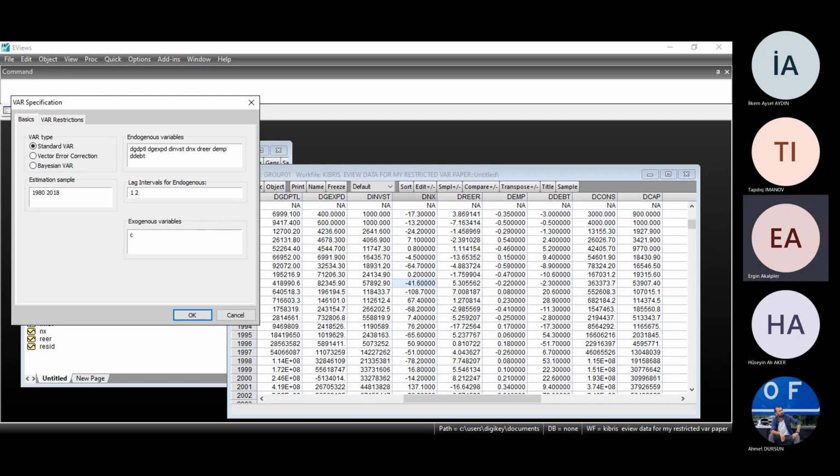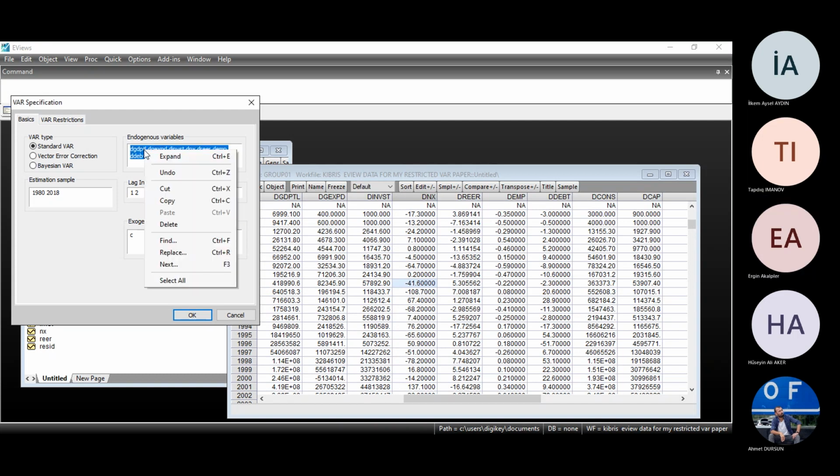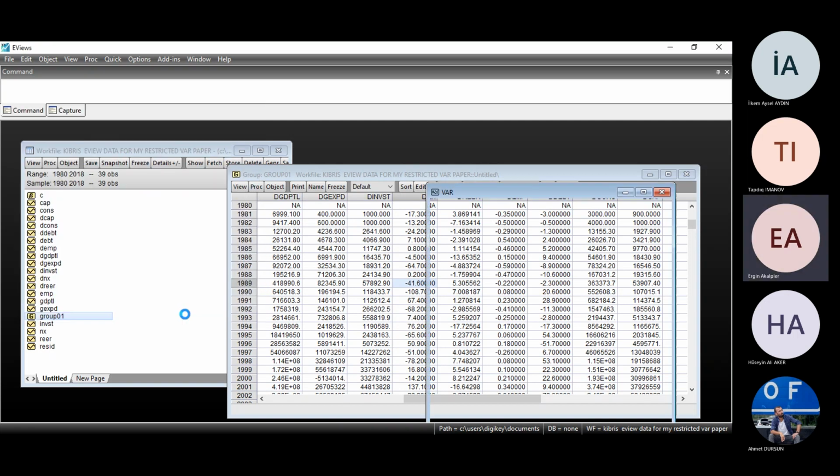These are all I(1), in first difference, but I will show you in the following slide the correlogram, which is going to be used for estimating the stationarity: employment, consumption. Okay, I will copy this. This is our model. I will use lag 2.